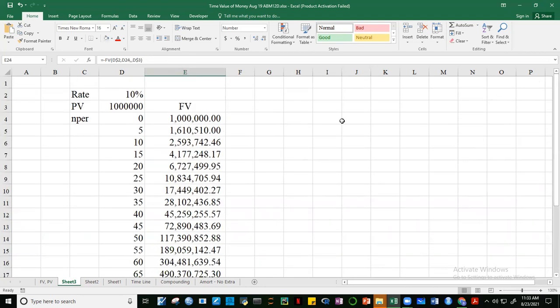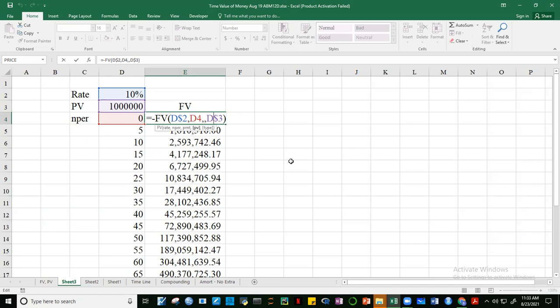So much so that at the end of, tama ba? Wait, check ko lang ha. Parang hindi. Rate is 10%. NPER is D4. You're correct? Correct? PMT, ignore. Present value is 1 million.